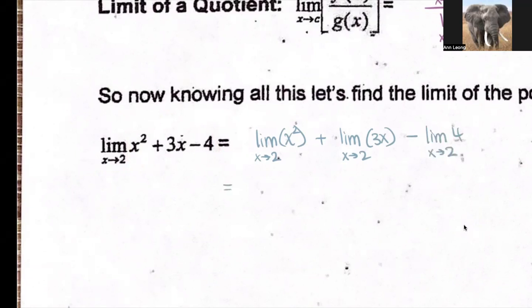All right, and so this is just going to be 2 squared plus 3 times 2, and this will stay at 4. So that just gets you an answer of 6.